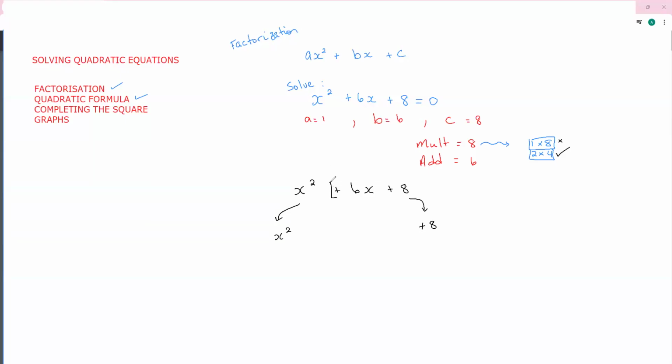And then we use that to expand the middle. It doesn't matter the order, but the two numbers must satisfy the condition that when you multiply them, you get the number here, and when you add or subtract them, depending on the signs, you get this one.